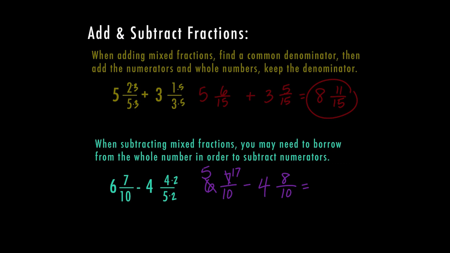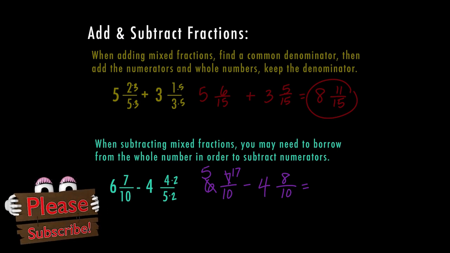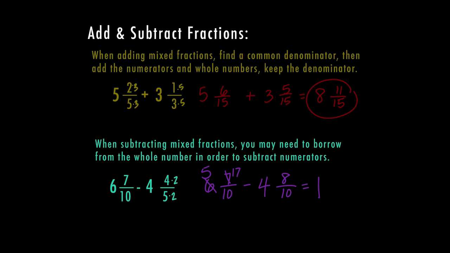Your shortcut is just going to be to add your numerator plus your denominator, and that's going to equal the new numerator. So now I can go ahead and subtract. So 5 minus 4 for my whole numbers is 1, and 17 minus 8 is 9 out of 10 for my denominator. And since that is a proper fraction, I can't reduce it, so my final answer is 1 and 9/10.